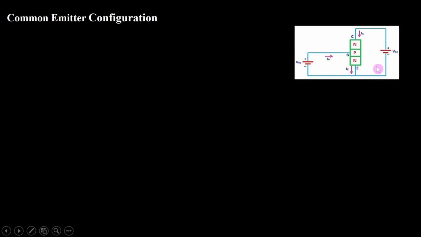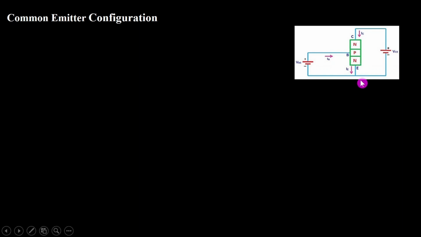Similarly, we connect the voltage VCE in such a way that it is reverse biased, because this VCE is connected between this collector and this emitter. In reverse bias, we put the positive terminal to the n-type semiconductor material, and the negative terminal to the p-type semiconductor material.